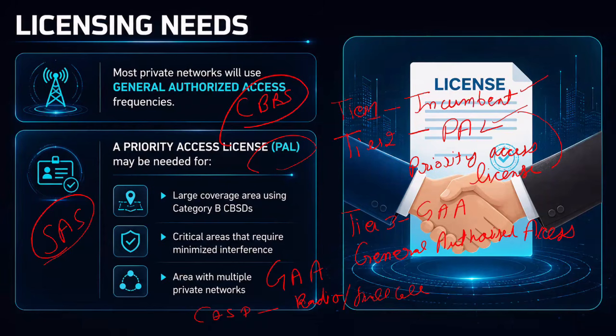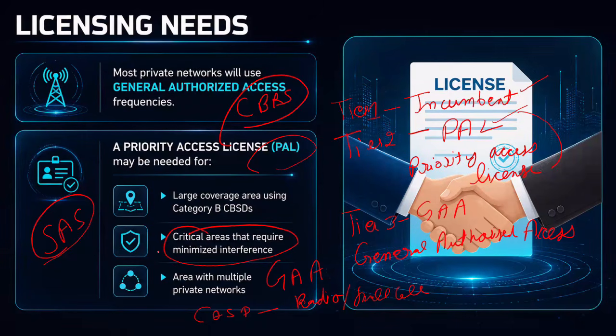One consideration could be a large and important coverage area, especially where higher power Category B CBSDs are being deployed. Another criterion can be a mission critical environment, where stable spectrum access can reduce exposure to interference from GAA users. It's a very critical area, so we have to remove interference from GAA. That is also one of the reasons to buy PAL.